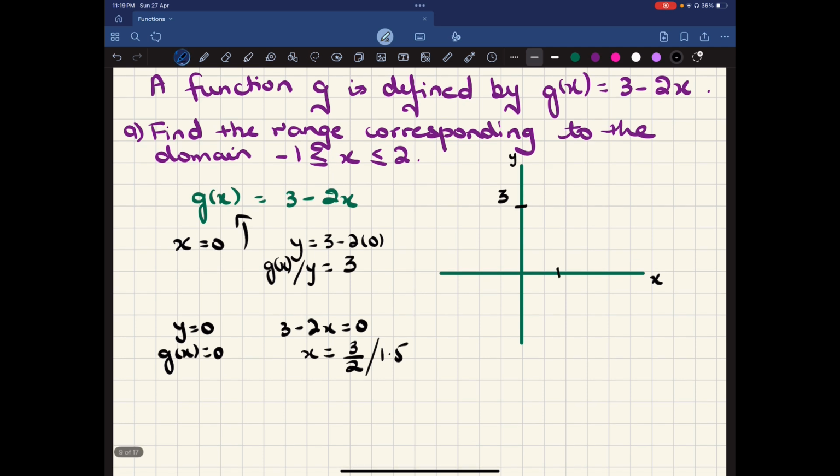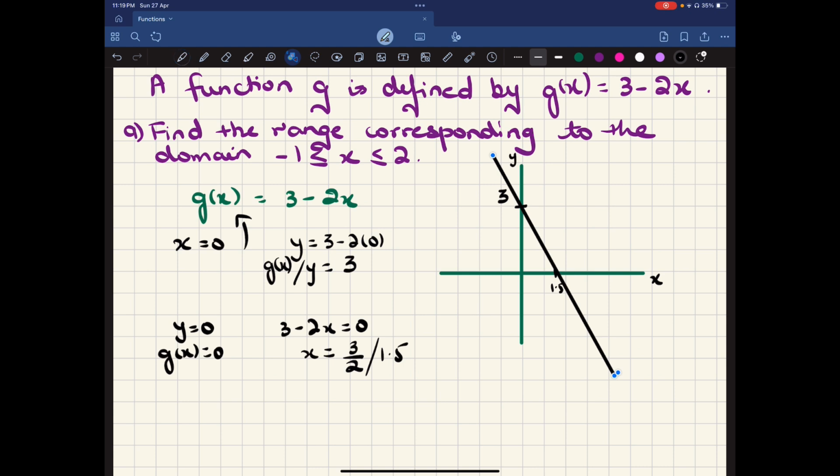So it is going to cross the x-axis somewhere at 1.5. Okay, let's draw the line. You just need 2 points to sketch a straight line. In this case, the intercepts are going to be sufficient. So this is our line.